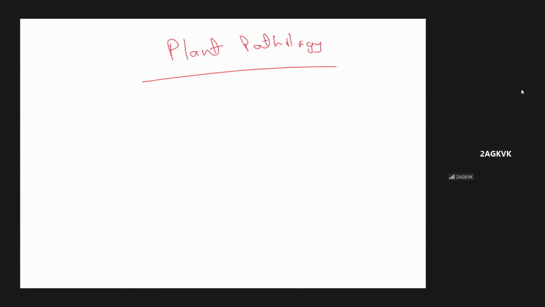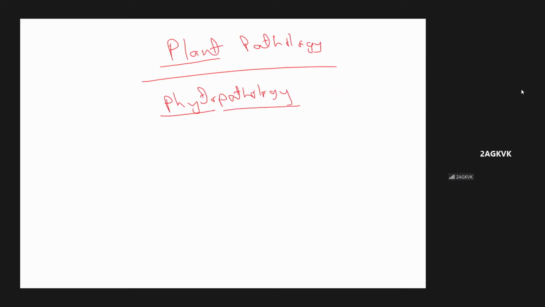If you have to define plant pathology, it is also called phytopathology. Here we are talking about plant, here as phyto. Both are the same. Phyto means a plant.